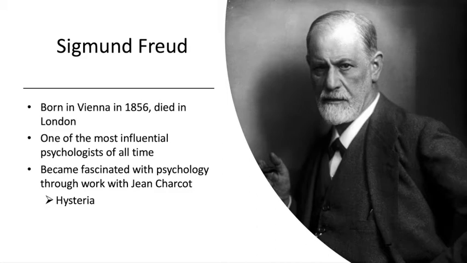So the experience of these neurological symptoms for which there is no organic or physical reason at all for why they're experiencing it. Hysteria is directly translated as the wandering womb, and that's why the condition was mostly believed to only affect women. So Charcot used hypnosis in his assessment and treatment of this condition, hysteria.